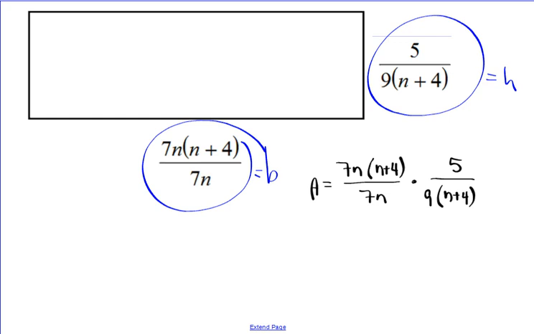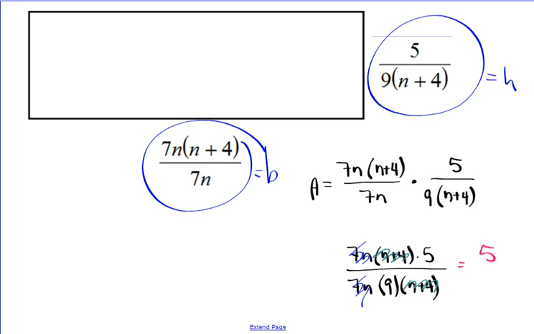Let's write it all over one numerator: 7n, n plus 4, 5, over 7n, 9, n plus 4. I can now take out my common factors in the numerator and denominator. What do I get left? I get 5 over 9. And so my answer is 5 over 9.